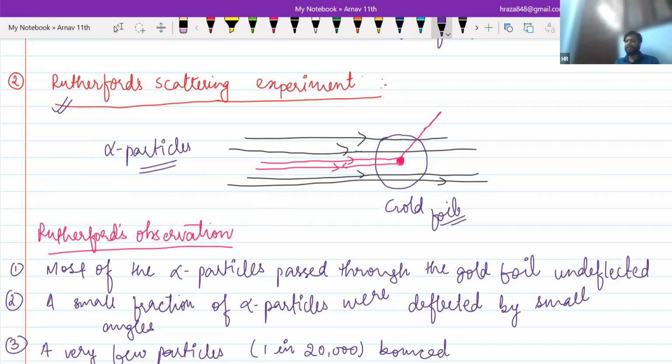That means it traces its path, bounced back nearly 180 degrees. Please write it.